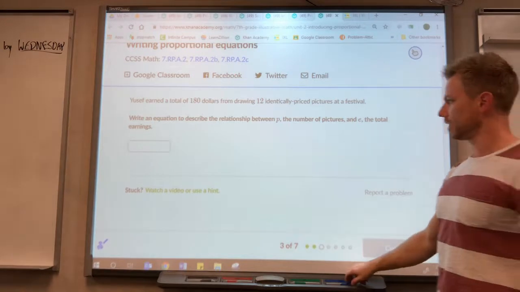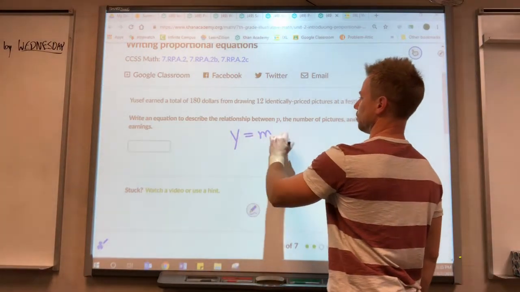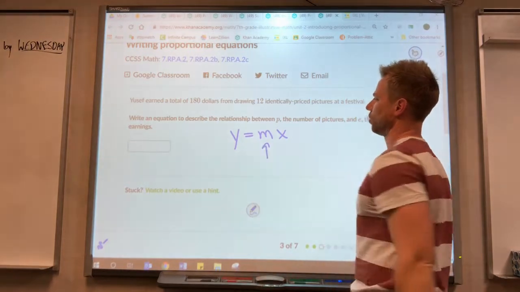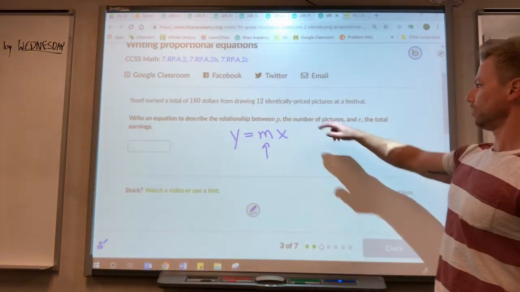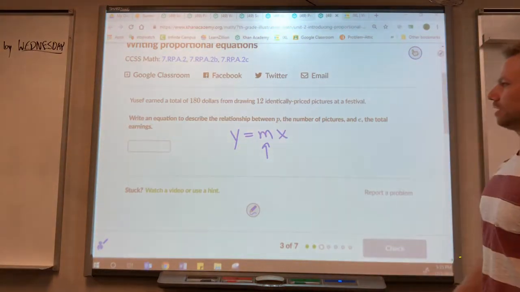Well, we want to figure out what we were paid per picture because that's what's going to go in our equation right there. Now we have different letters than y and x this time. We have P and we have E, but we'll talk about those in a minute.